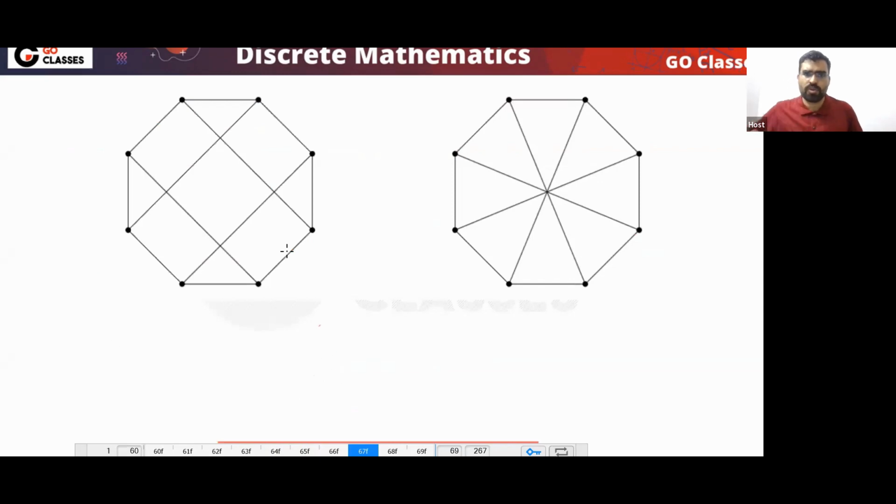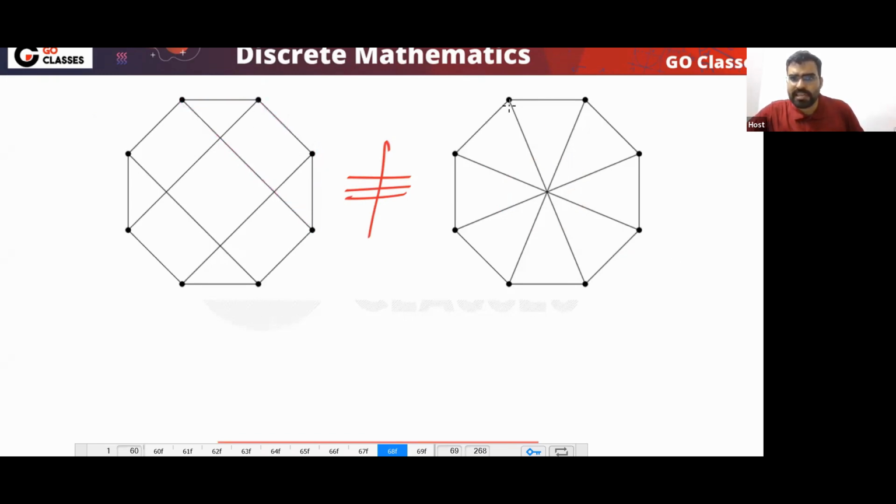Are these two graphs isomorphic? This is not a vertex. Remember, this is not a vertex. So the number of vertices is actually the same. So why are they not isomorphic? What is the reason? Can anyone tell me? 4-length cycle. Here we have a 4-length cycle.